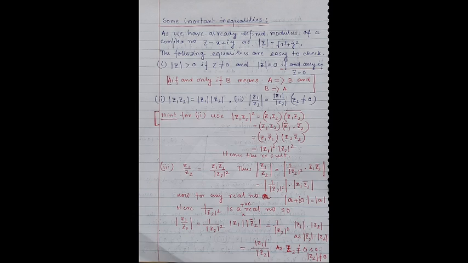Regarding modulus, if z is a complex number, then the modulus of z is definitely greater than 0 if z is not 0, and modulus of z is 0 if and only if z is 0. Now first let me come here.